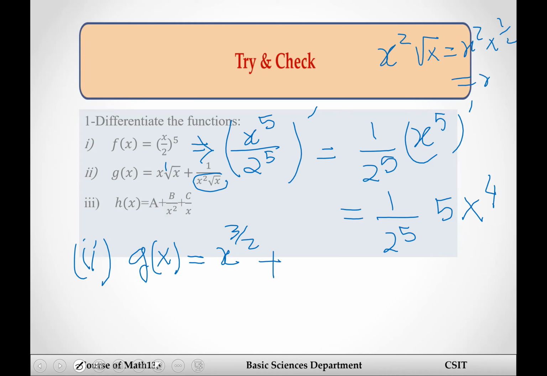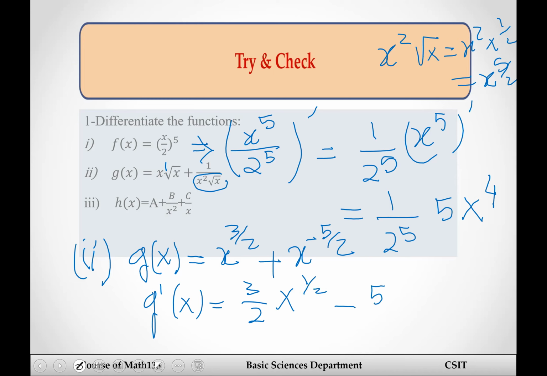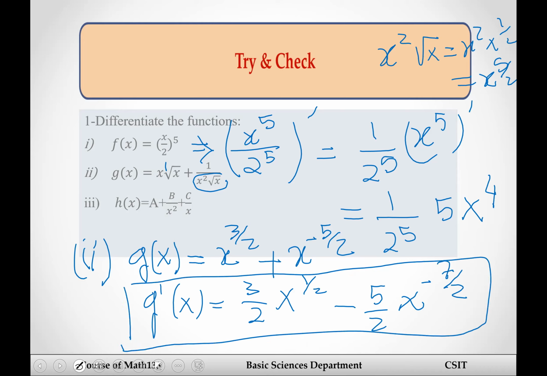Make the sum of these, so x^(5/2), but it is in the denominator, so it will be x^(-5/2). Now you can do the derivative. So g prime of x is equal to 3/2 x^(3/2 - 2/2), that means x^(1/2), and minus 5/2 x^(-5/2 - 2/2), that means x^(-7/2). And this is the final answer. If we want to leave the function like that, sometimes we are asked to put positive powers, so just move this to the denominator. That's it.